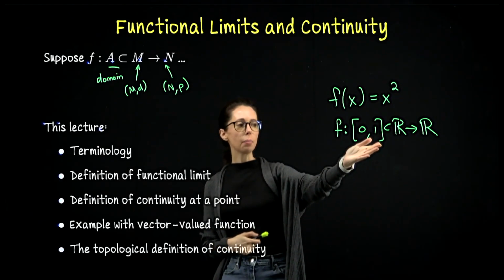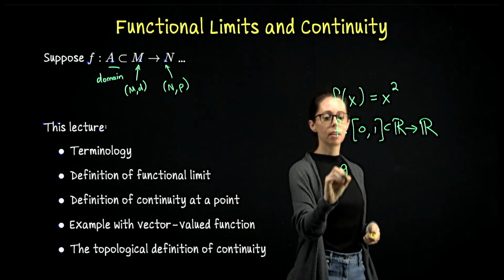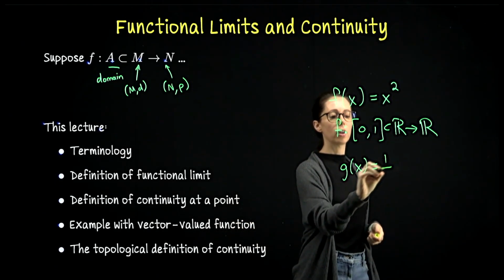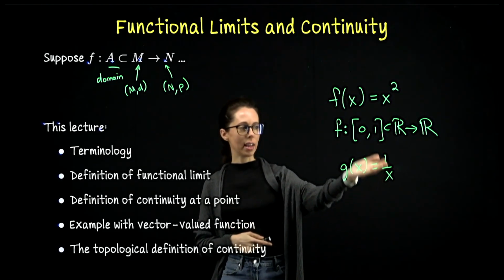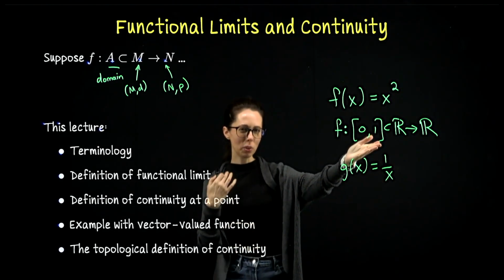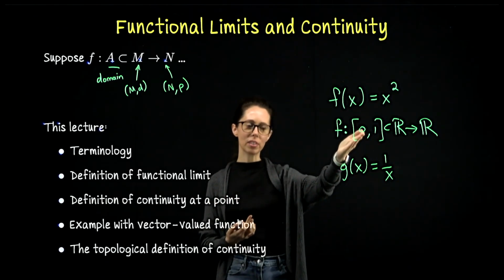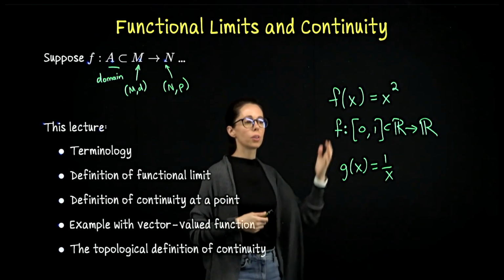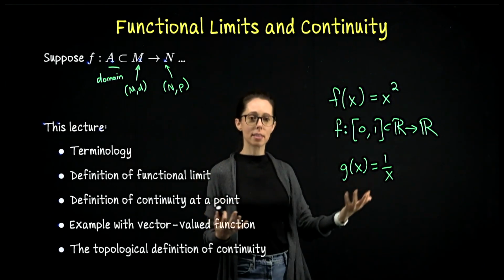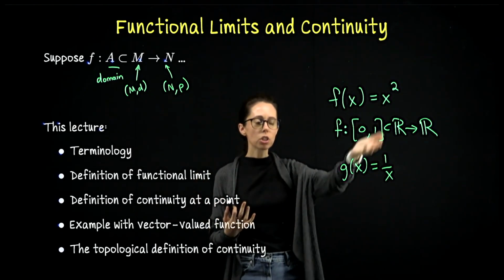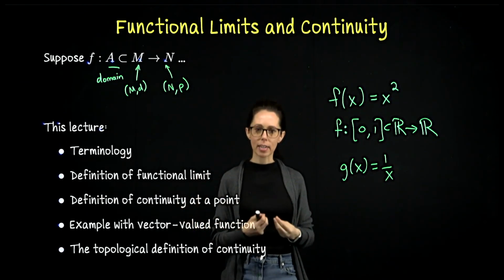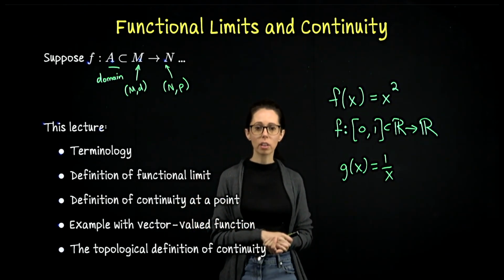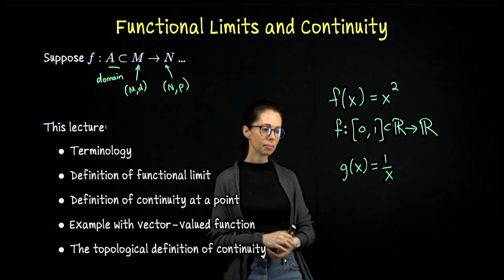This domain would not be appropriate to write for something like g of x equals 1 over x, because this function is not even defined at 0. So if I say f is a map on A, take it for granted that f is defined on all inputs from A.